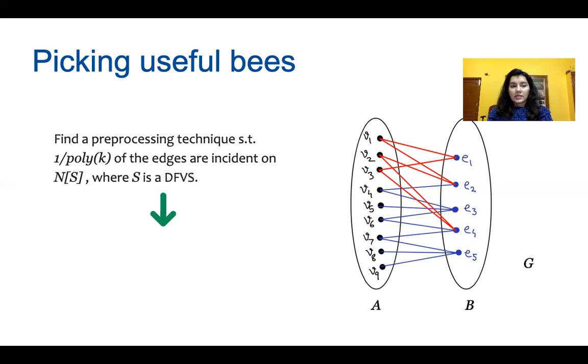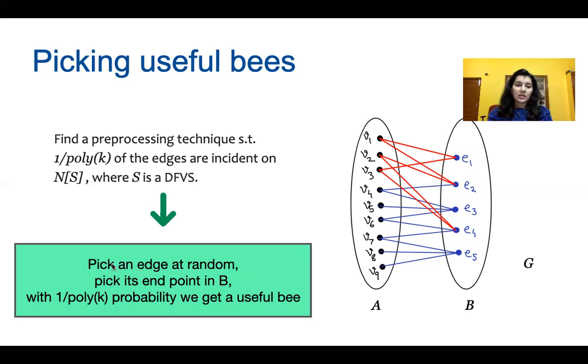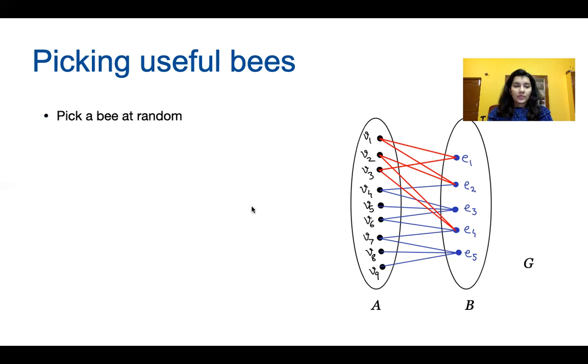If we find such a pre-processing technique, then we can pick an edge at random, pick its endpoint in B, and with 1 over poly k probability, we will get a useful B. This is what we refer to as the alpha covering property.